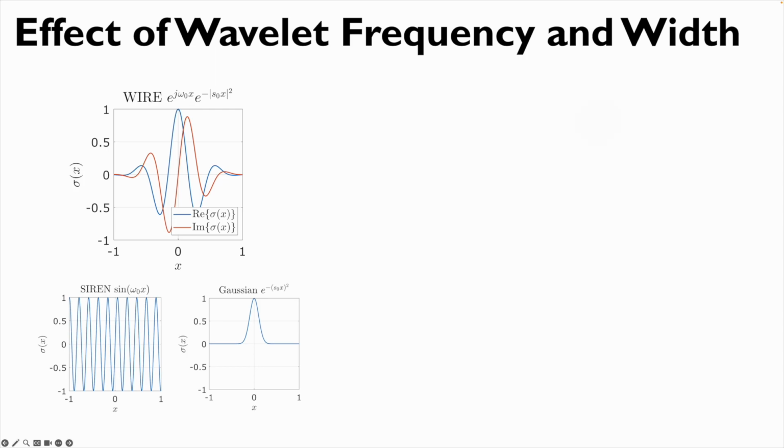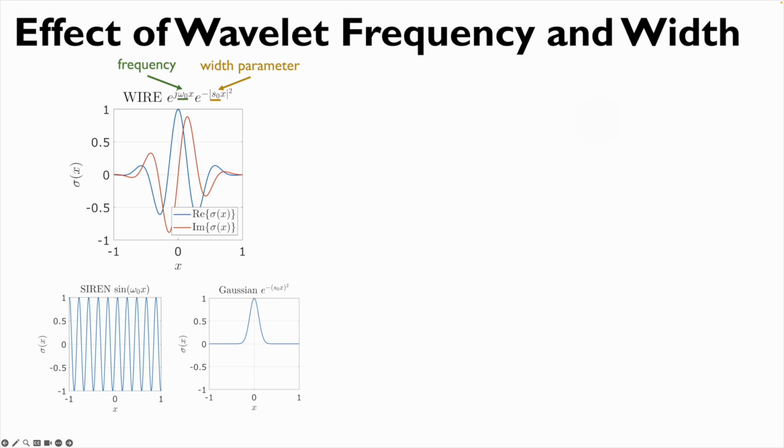Let's take a look again at the wavelet function. The Gabor wavelet is parameterized by the frequency omega of the sinusoid and the width of the Gaussian, parameterized by S. In fact, you may notice that the Gabor wavelet is a generalization of both the Gaussian and the sinusoidal functions. Set the frequency of the sinusoid to 0, for example, and you just get the Gaussian function.